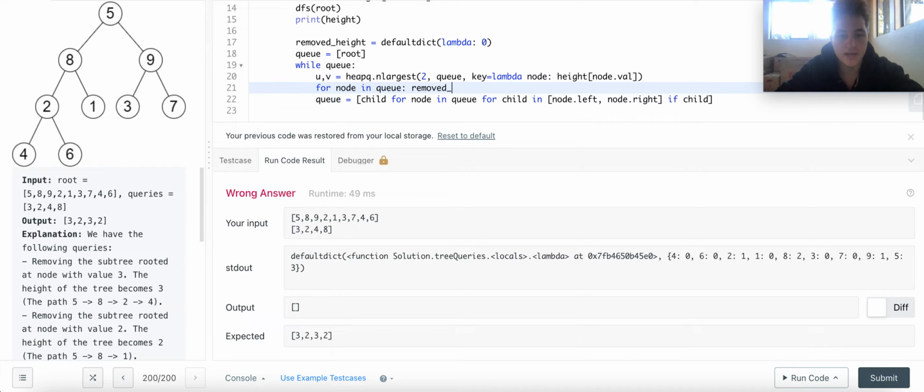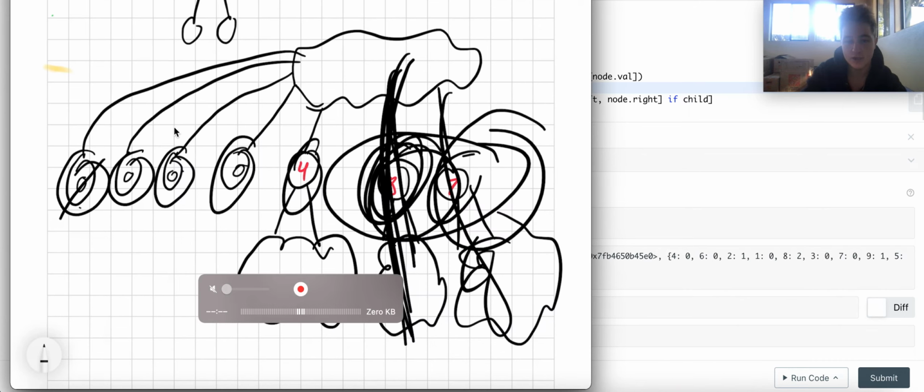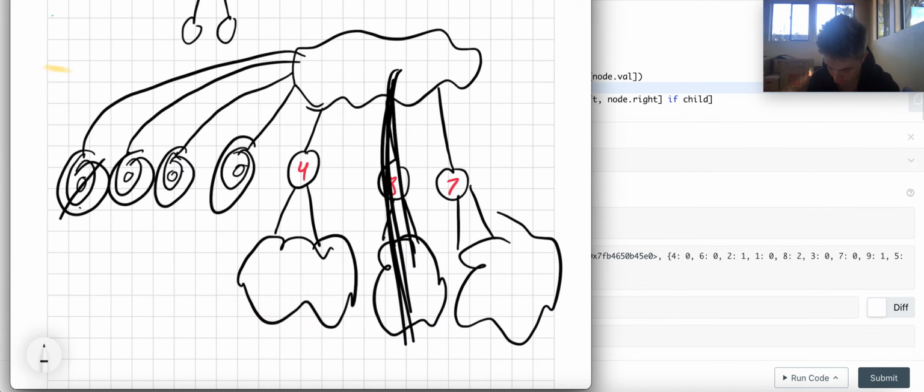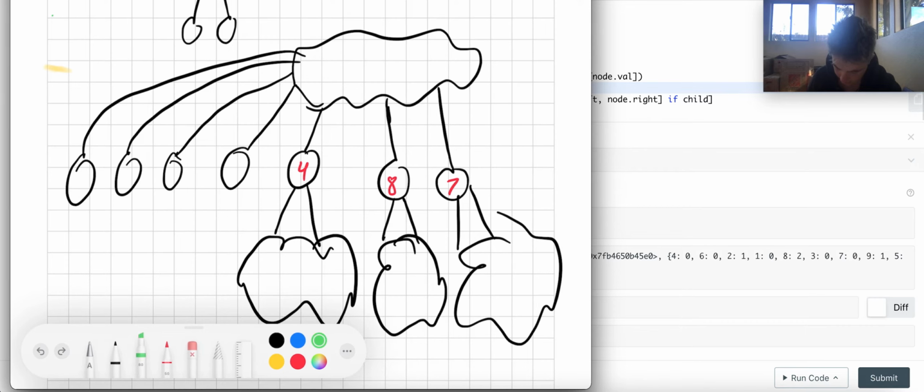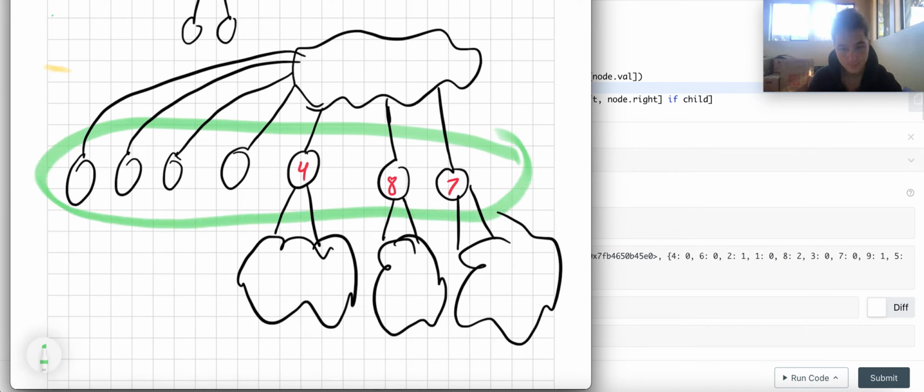So the removed height at this node is what? Remember, everything inside the queue, since we're doing BFS, is at the same level, right? So everything inside the queue will be one of these nodes, right?